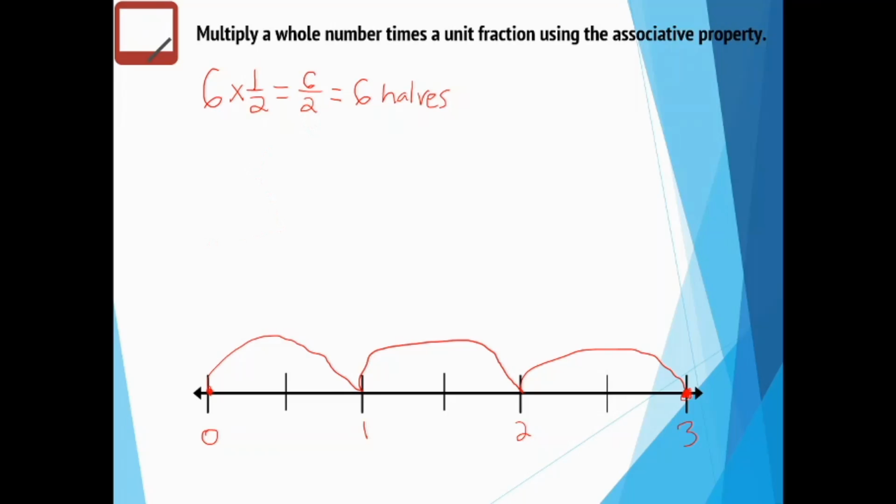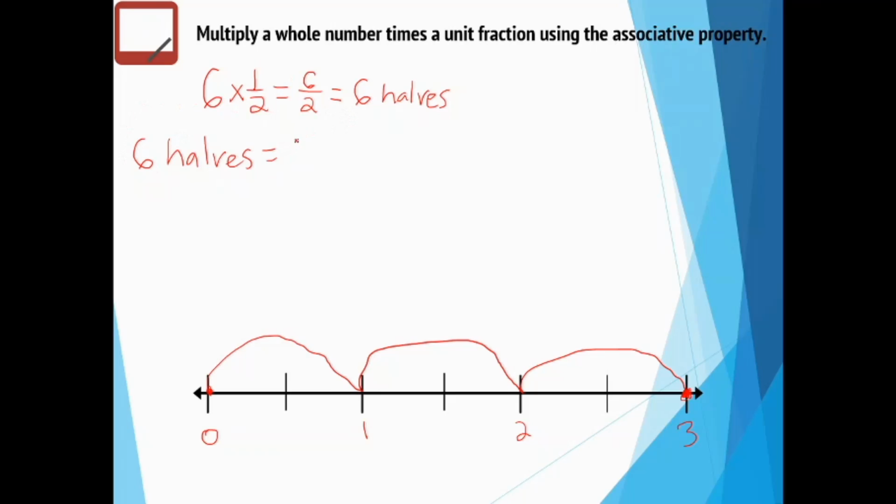So we have 6 halves. Now it's written in unit form like this, right? And if you remember when we did the associative property, we have to break up a number into its factors, and then we're going to reassociate them to see if we get the same answer. So 6 halves. I'm going to break this 6 up.